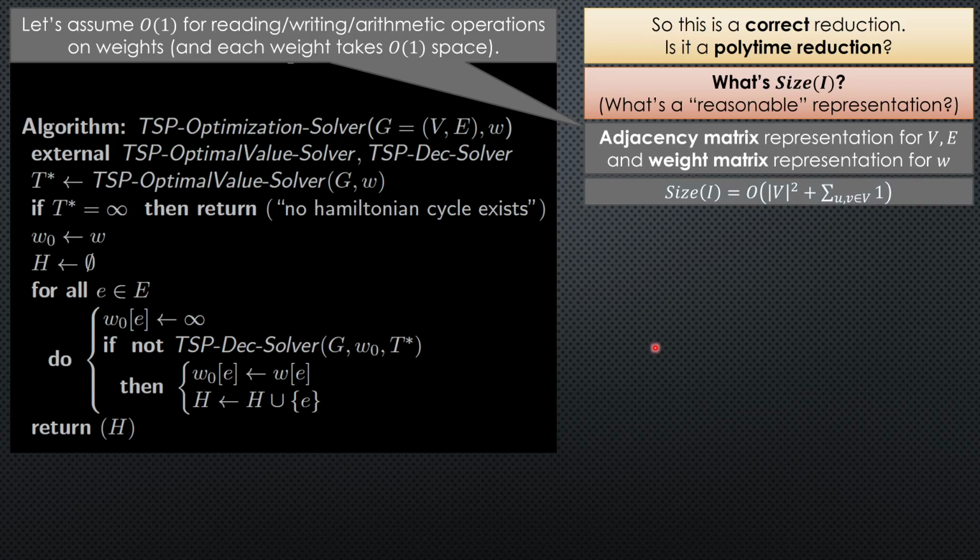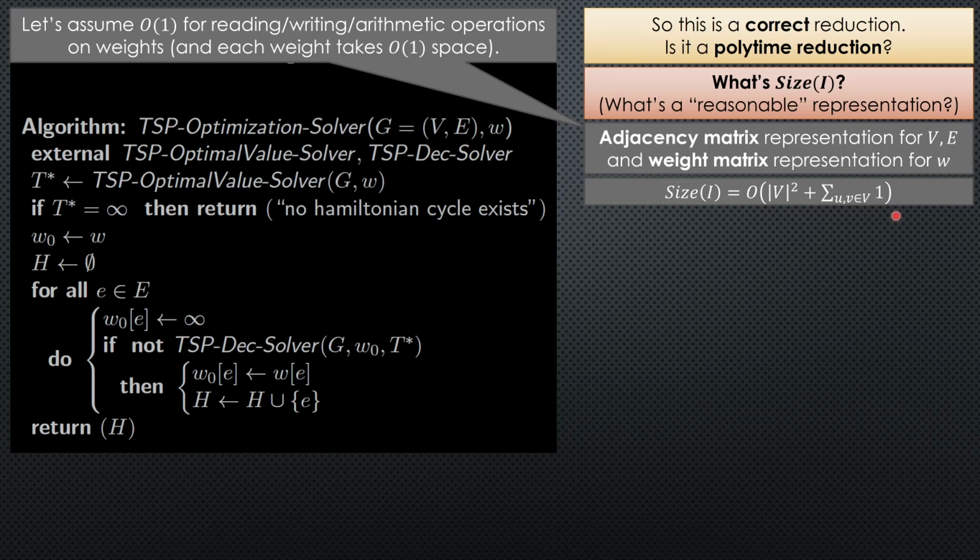Okay, so what is size of I then? Well, if we have an adjacency matrix representation for V and E, that's going to be basically order V squared, order n squared, space to store that adjacency matrix. And then the weight matrix, if we assume O(1) space for each weight, then for each u and v in V, we have a weight written down. Some of those weights might be infinity, but we're just assuming that we can fit an infinity or any positive integer weight in a constant amount of space.